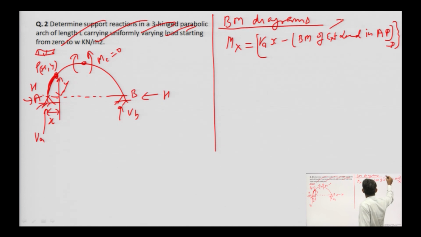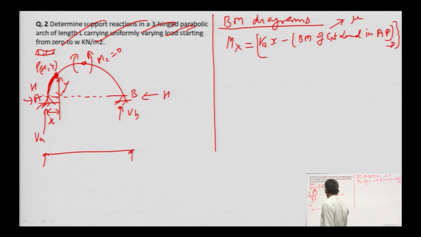It is actually the beam moment Mu. So, if we are plotting this, this is the beam moment minus H into y, right.